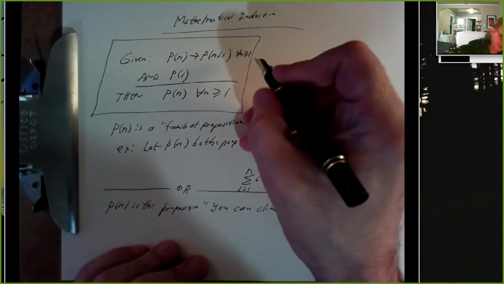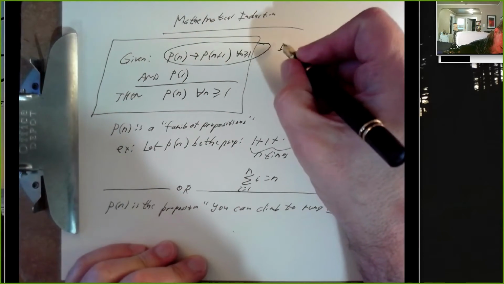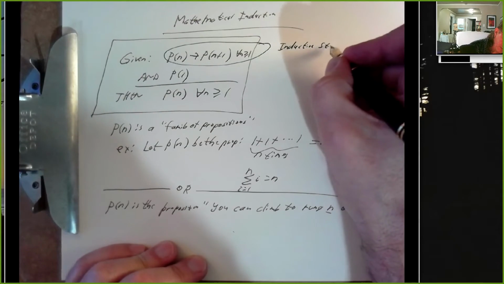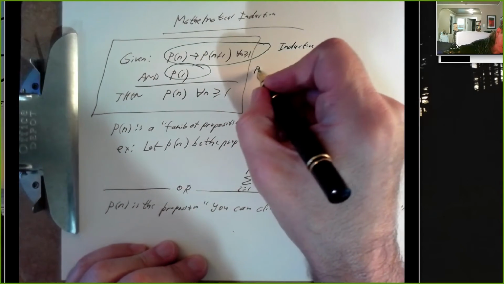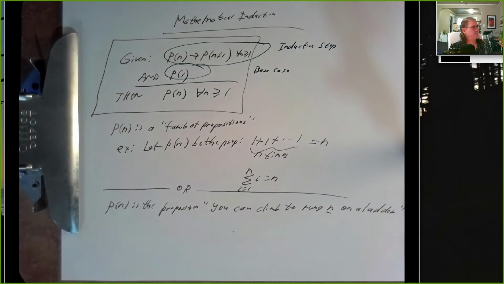All right, so this is called the inductive step. P(1) is called a base case. And you've got to have both of those.